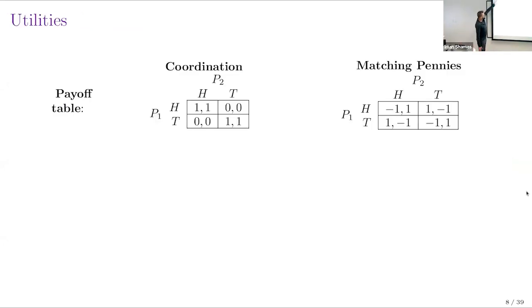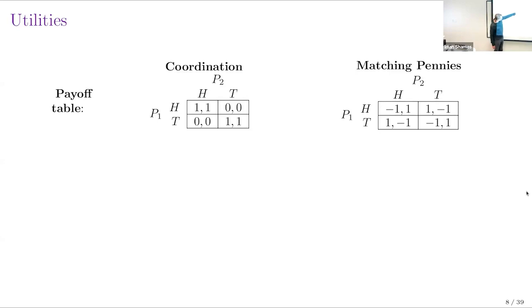So let's just build utilities, which are those payoffs. That's how it would look. Right? We call it a payoff table. It's a matrix game. There are two actions for each of the players. They either play heads or tails. And the first is the payoff of player one, then the payoff of player two. So in a coordination game, and these numbers are arbitrary as well, right? These numbers came out of nowhere. One doesn't mean anything. It can be 257, doesn't matter.